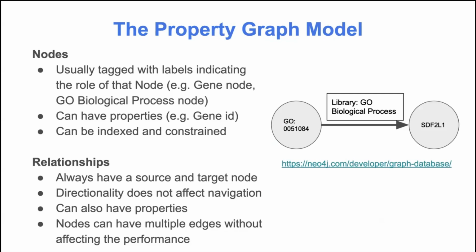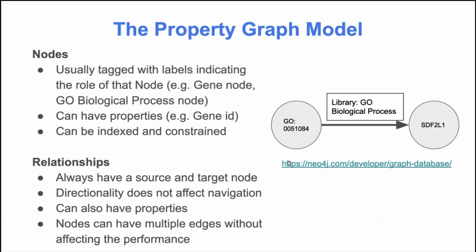The nodes are usually tagged with labels, which I sometimes call types or roles. This indicates the role of that node. For example, this is a gene node, which means that this node, SDF2L1, is a gene. This other node's type or role is GO biological process. That's the role of that node.